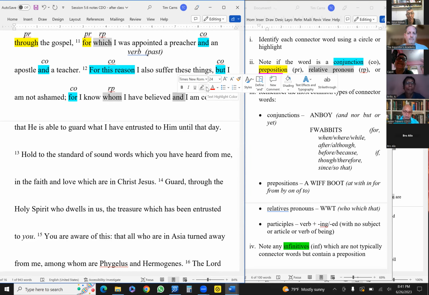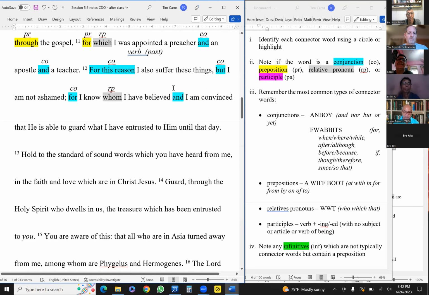What is that? Coordinating conjunction. Yep, one of the "and" boys. And the word and is probably the most common connector word you're going to see. So, all right. And notice here, just to point this out, it's connecting two clauses.